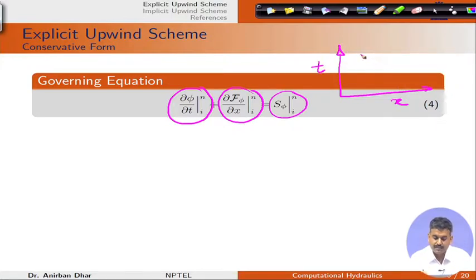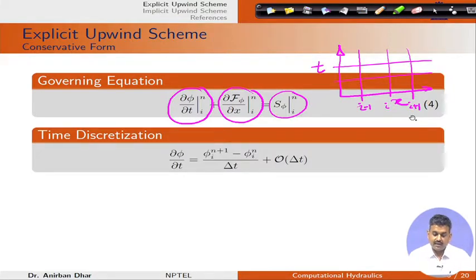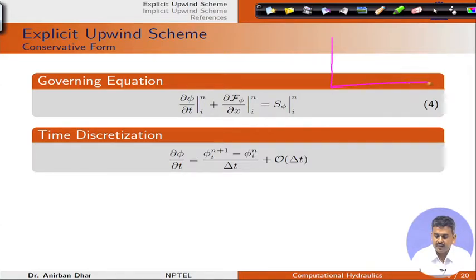If we have i minus 1, i, i plus 1, then for time discretization we have the nth level and n plus 1.